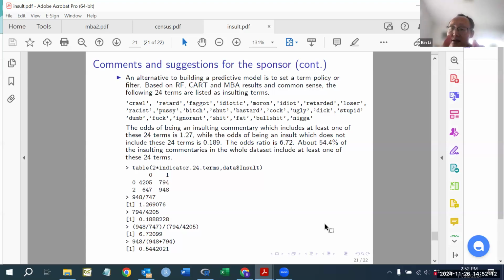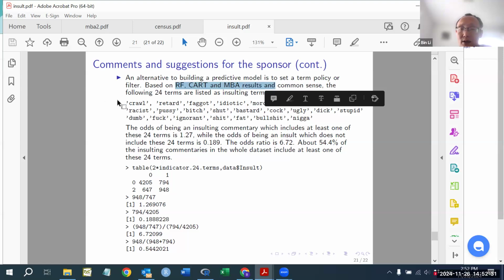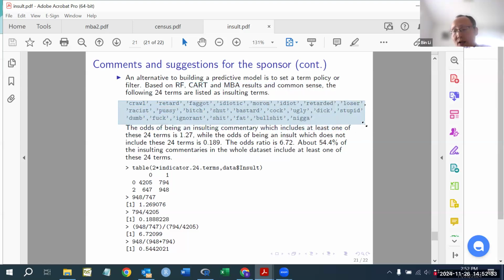I would like to suggest an alternative to building predictive models. Instead, we can set term policies or filters. So based on the random forest, CART, and MBA's results, I found these 24 terms as the insulting terms.